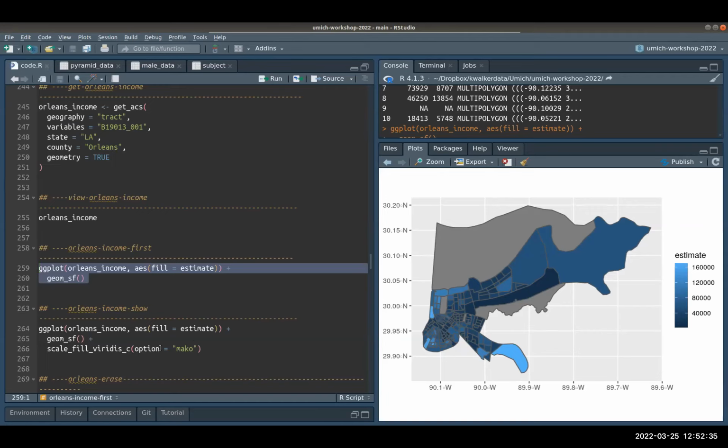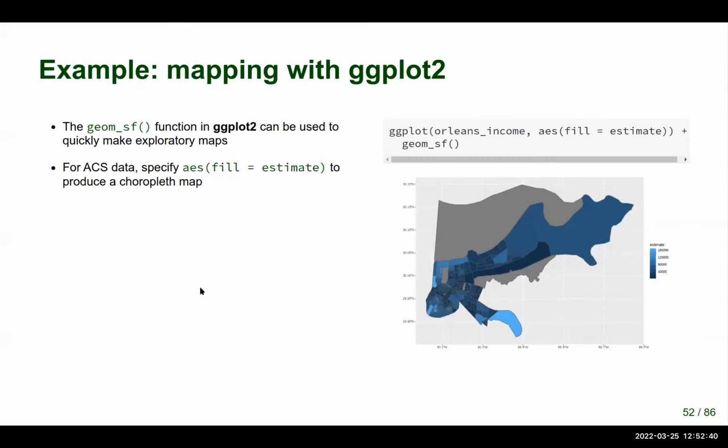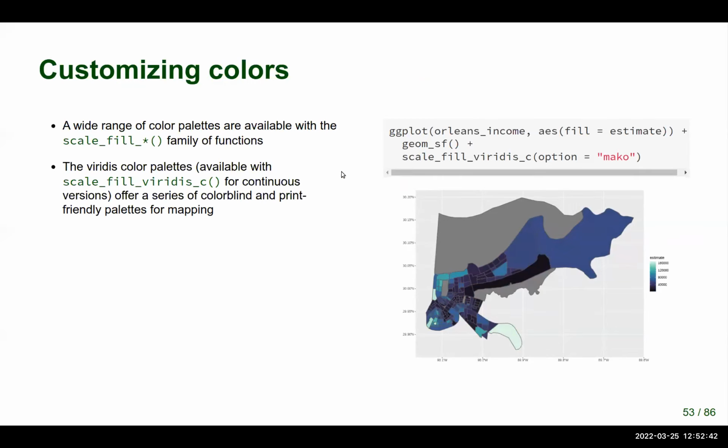In the next step, we're going to add an option to modify the color palette. With the scale_fill family of functions in ggplot2, you can specify a different color fill for your census tracts. And there are a ton of different options available.